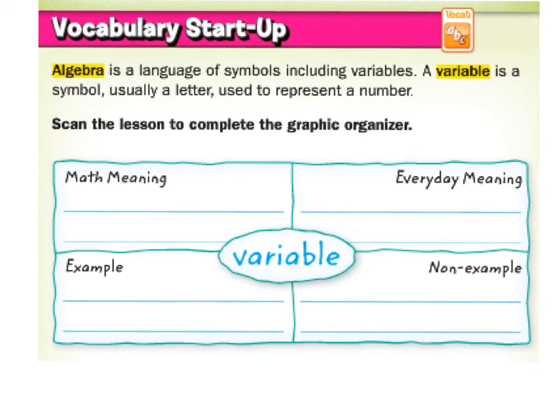So algebra is a language of symbols including variables. And a variable is simply a symbol, and we almost always use a letter to represent another number. So the math meaning of a variable is a symbol that represents a number.